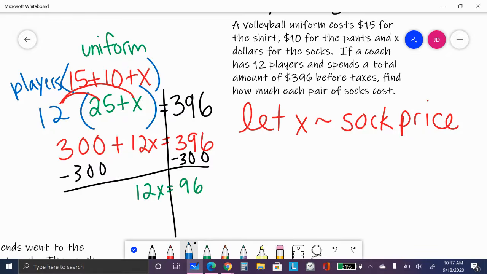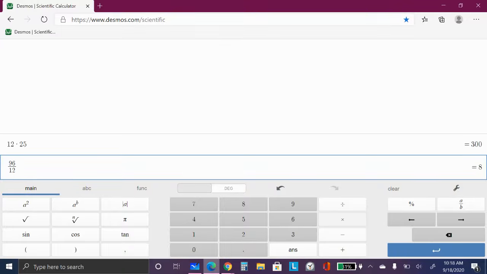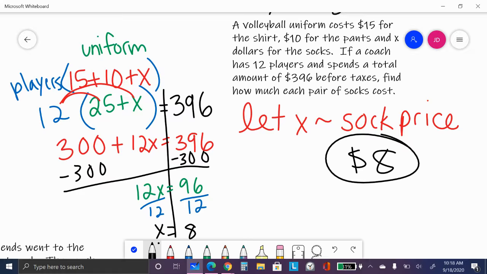Divide both sides by 12. 96 divided by 12 is 8. So the sock price would be $8. Pretty expensive socks there. Okay, again, we're using the distributive property with the parentheses and multiplying by the number of players, and using our common sense skills to create these equations. All right, let's look at another one.